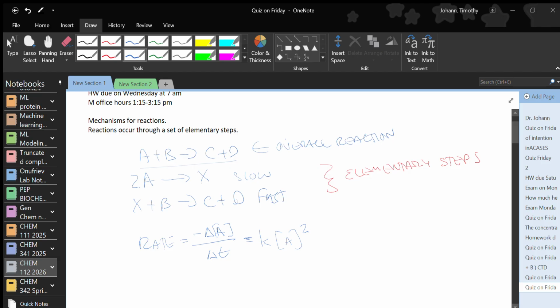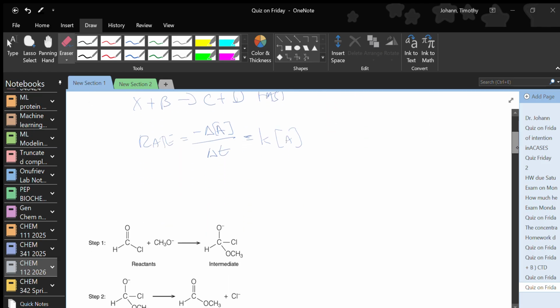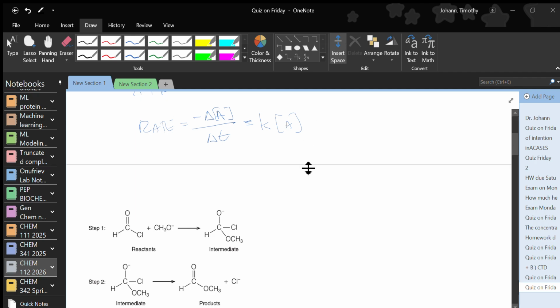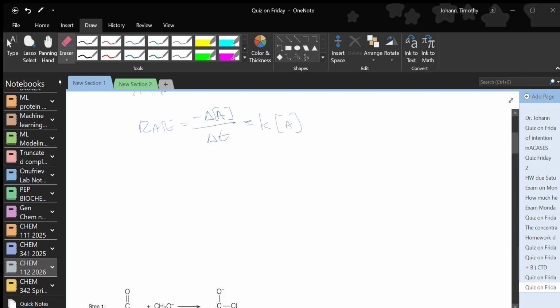That 2 A's in the slow step means 2 A's have to collide to make an X or something like that. I'm not going to do it, but keep that in mind as well. Questions on how that works? Because we're about to move on to something more complicated that uses it. Okay, all right, so that's how we can figure out our rate laws.